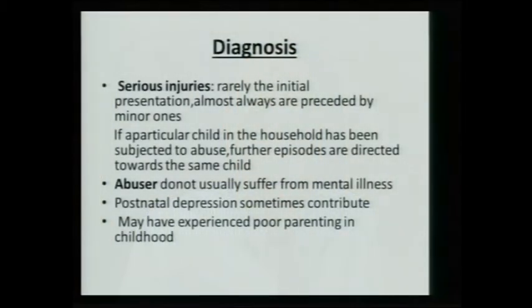Abusers do not usually suffer from mental illness, maybe normal. Postnatal depression sometimes contributes. They may have experienced poor parenting in childhood. So some items with the abuser, some items with the child himself.